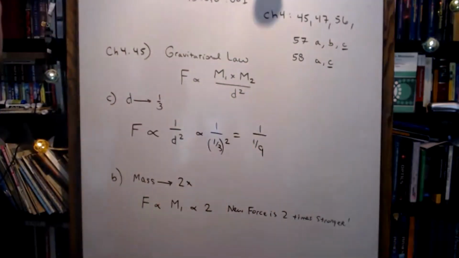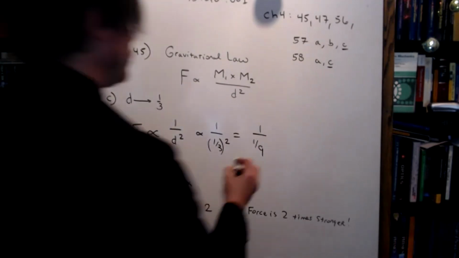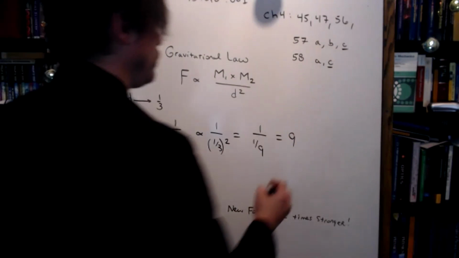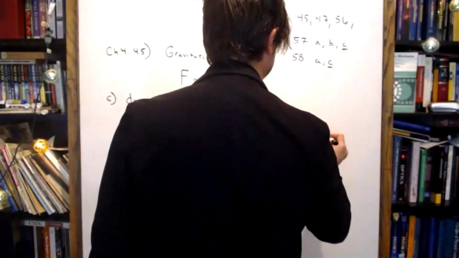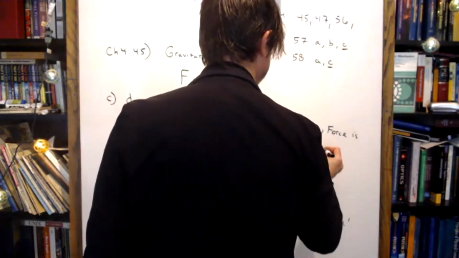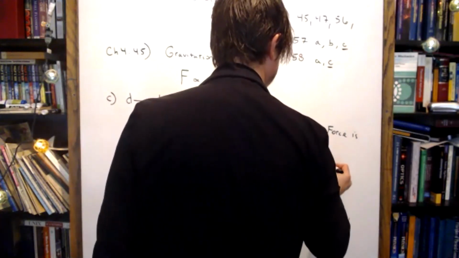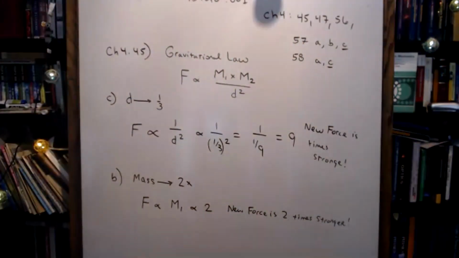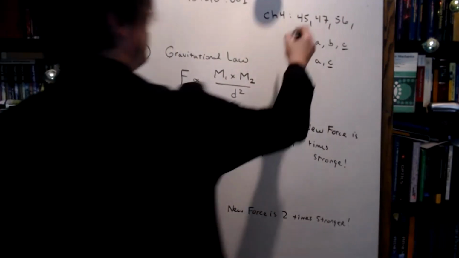What is 1 over 1/9? 9. And thus, what can we say about the new force? The gravitational force would be 9 times stronger. Okay. 1 down, 4 to go.